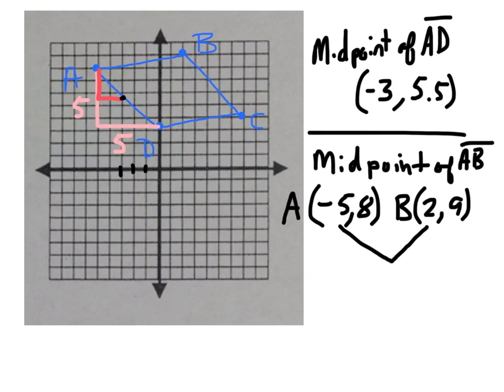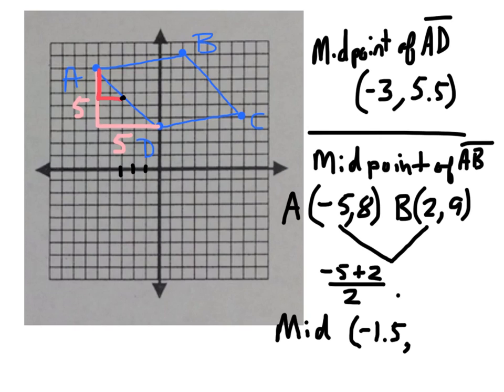Average the two x's together. So negative 5 plus 2 divided by 2 tells me that my midpoint would have to have an x coordinate of negative 3 divided by 2, or negative 1.5.